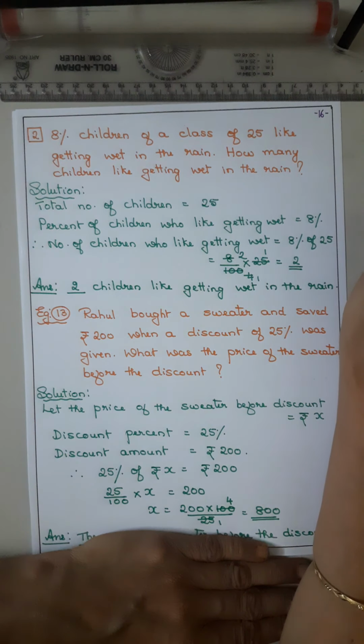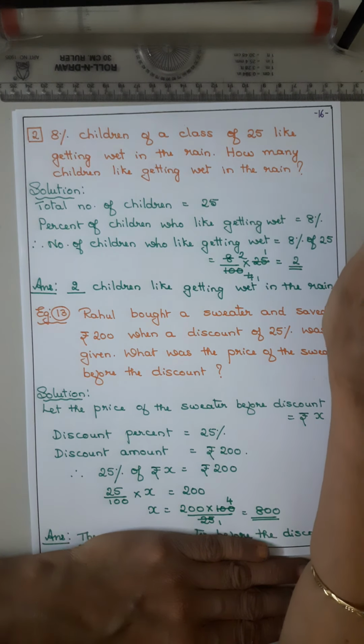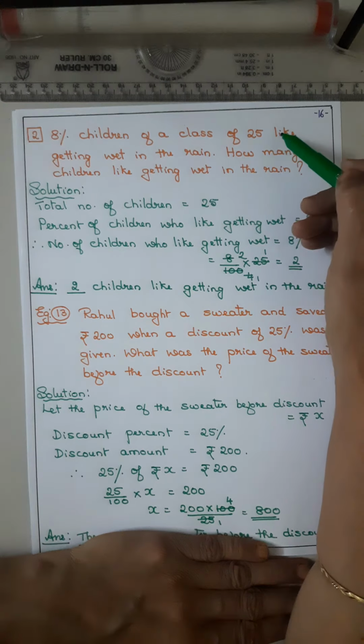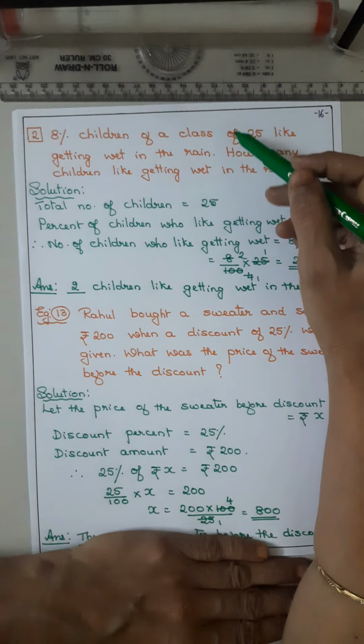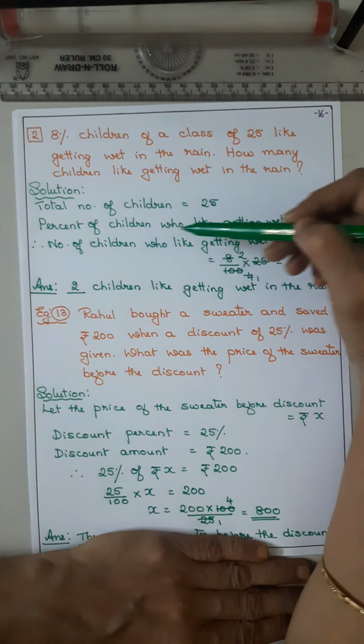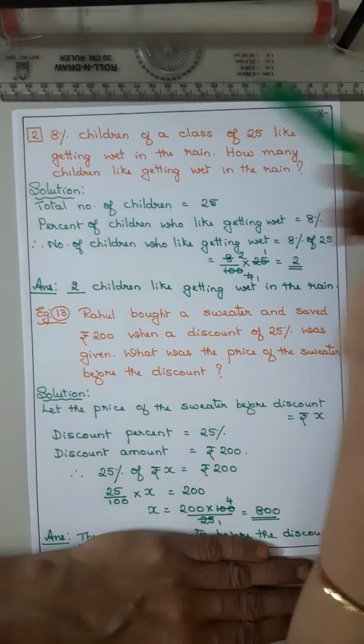wet in the rain. How many children like getting wet in the rain? Now the number of children you have to find out. Percentage is given. So total number of students, how much? In a class of 25. So right, total number of children is 25. How many percent of children? Percent of children who like getting wet. It is 8%.